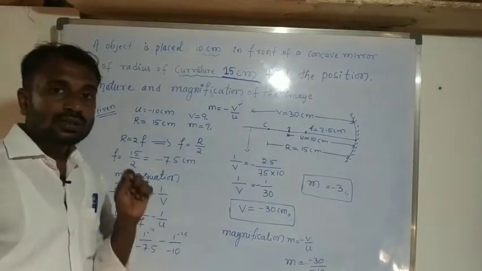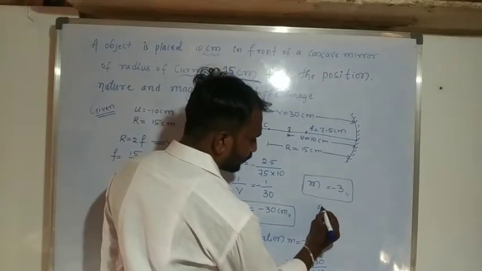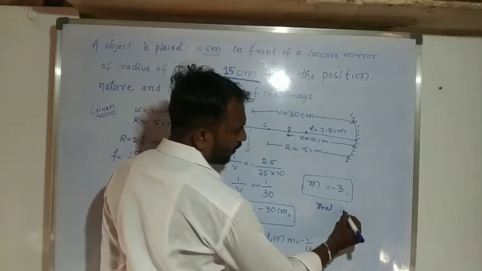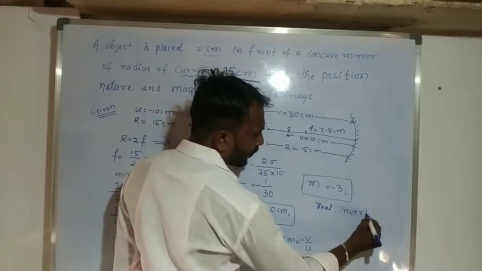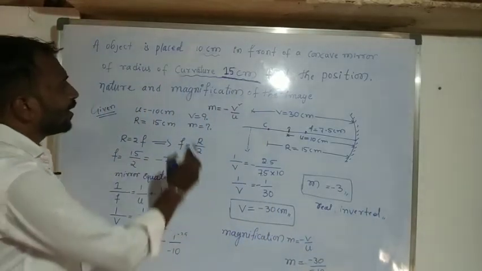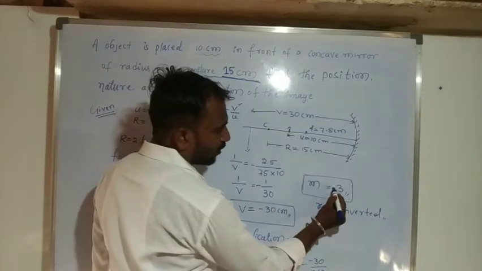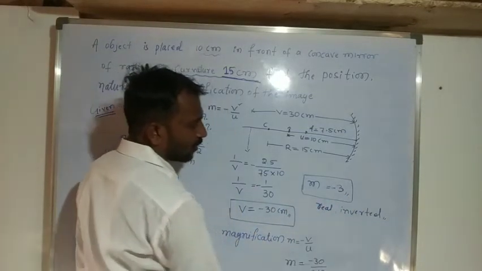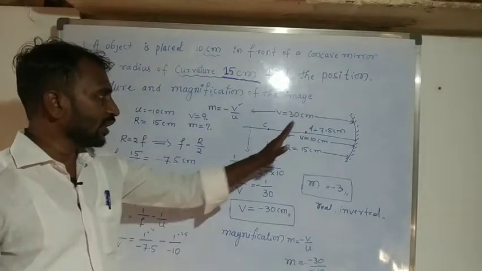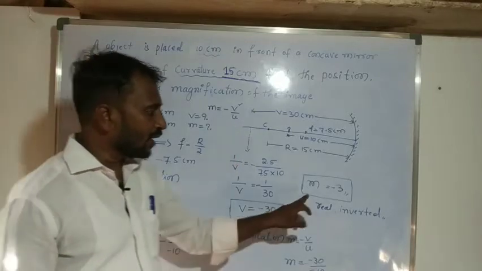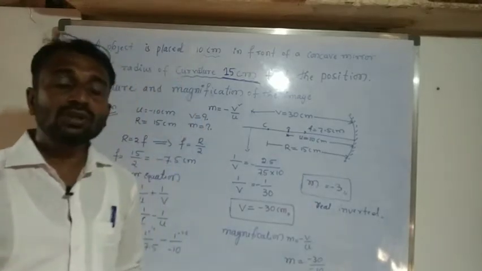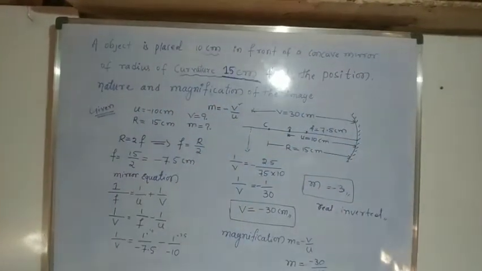Nature means this image is real, and real is always inverted. Real and inverted, and the magnification value is minus 3.